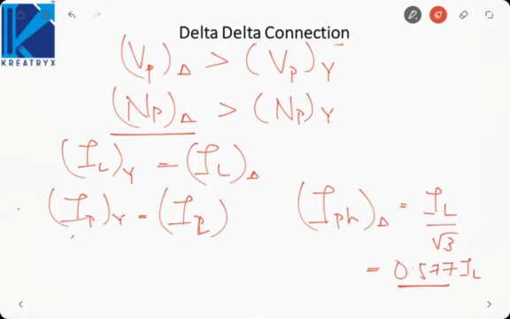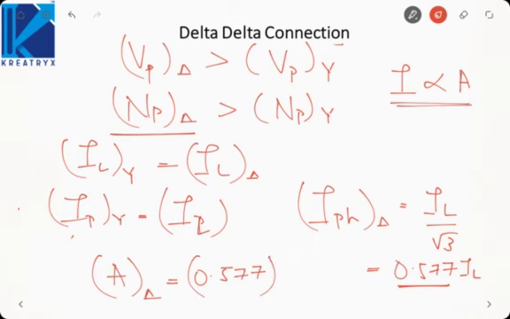So phase current in delta is lesser as compared to star connection. I told you current rating is determined by the area of cross section of the conductor. I is directly proportional to area. That means area of conductor in delta is 0.577 times the area of conductor in star.